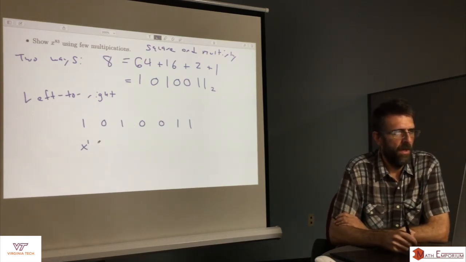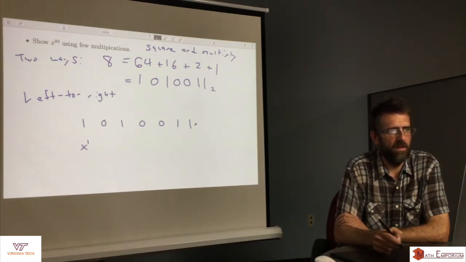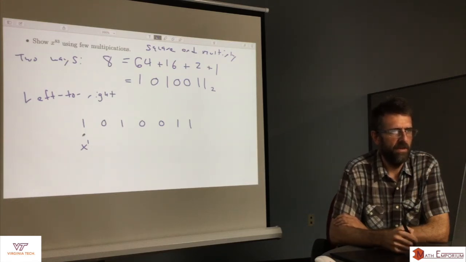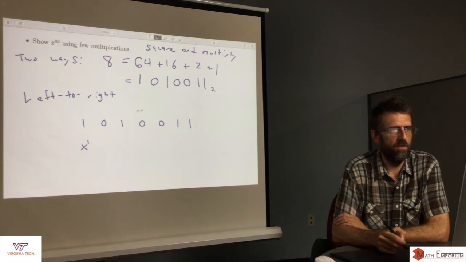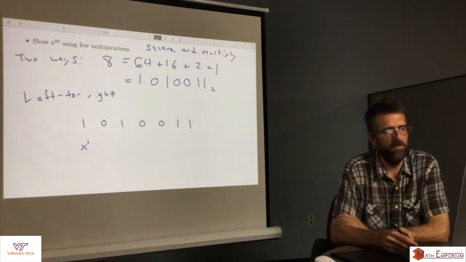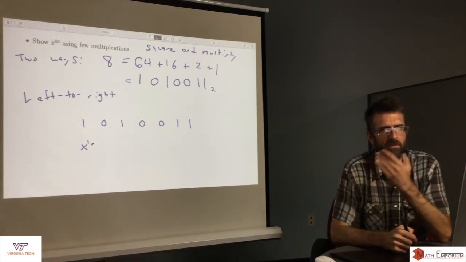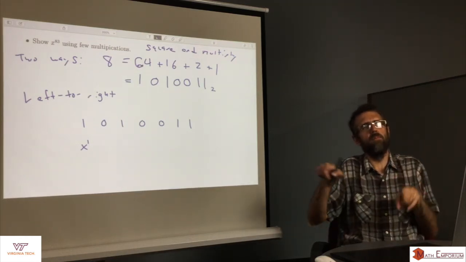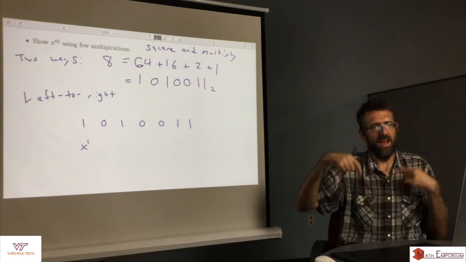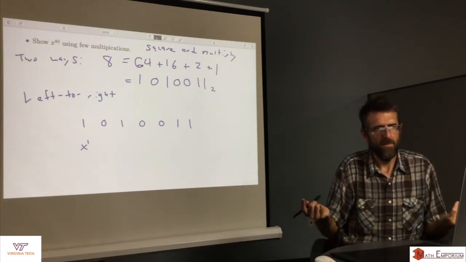Okay. And so basically what I'm going to do then is I'm going to shift right, and every time I shift right, I'm going to square what I have. Okay. And so notice there's going to be a total of 1, 2, 3, 4, 5, 6 right shifts here. So this x to the 1 is going to get squared 6 times. And as we saw before, getting squared 6 times is going to leave you with x to the 64. Okay.